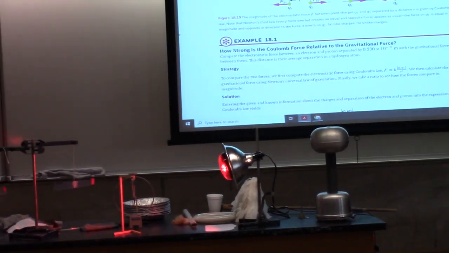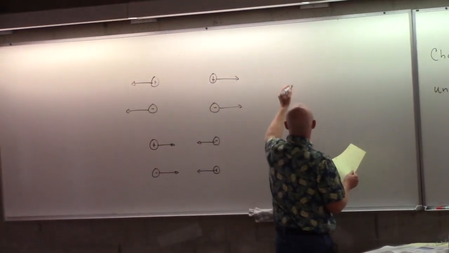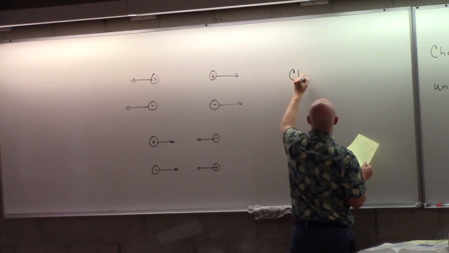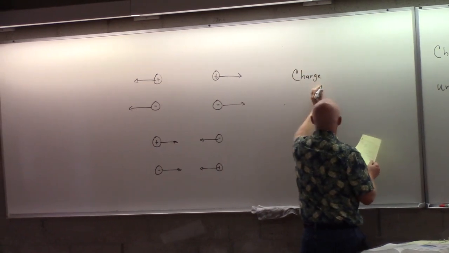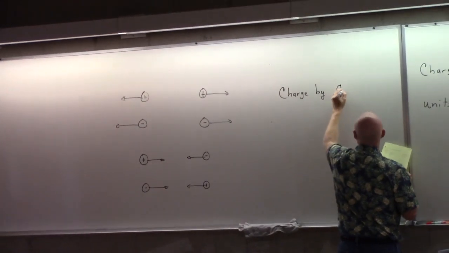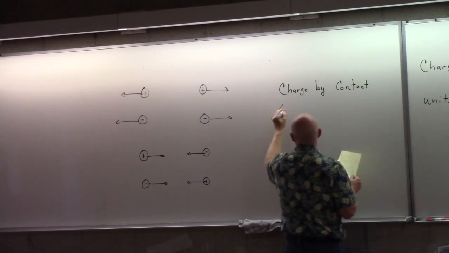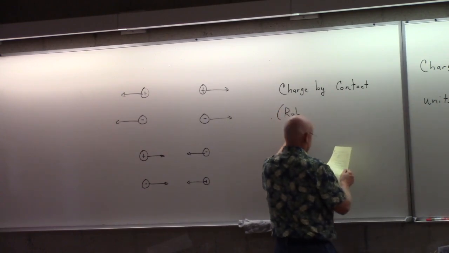And so you're seeing this principle of conservation of charge, and I would say that what I have shown you so far is how to charge something by contact, because I've been rubbing.